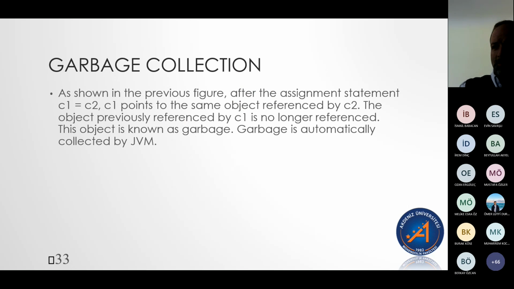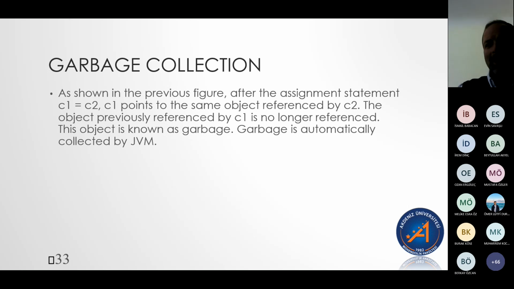So when the Java Virtual Machine, the JVM, notices that certain objects, certain memory locations, are no longer used and won't be used and can't be used, right? Because that circle that was being pointed at no longer is pointed at, it can't be accessed anymore.